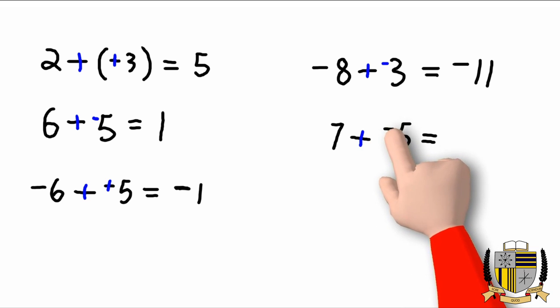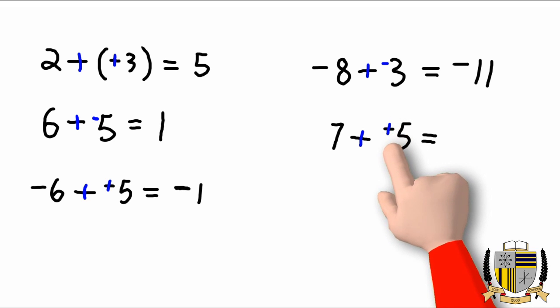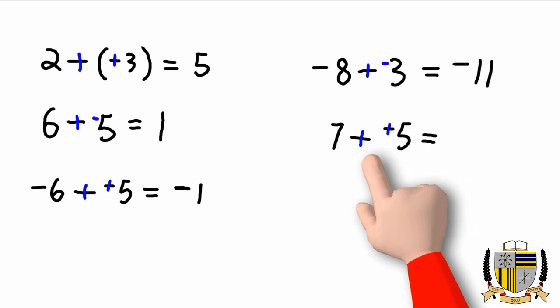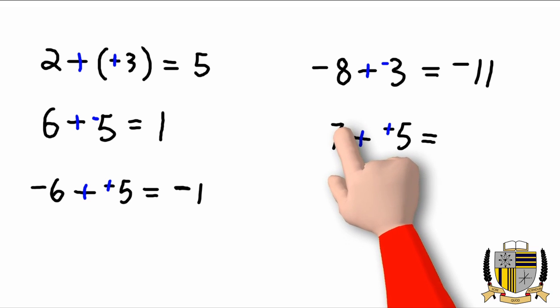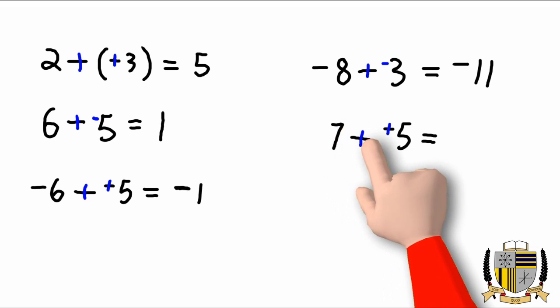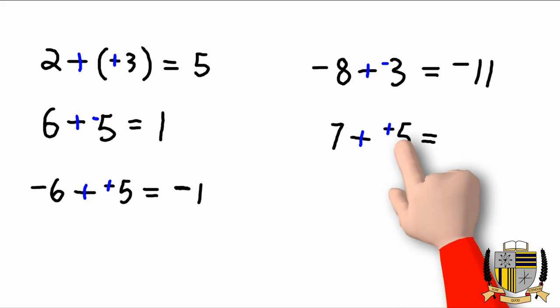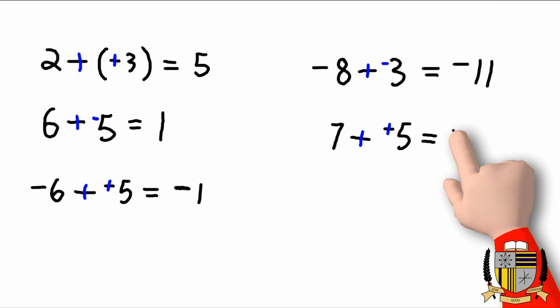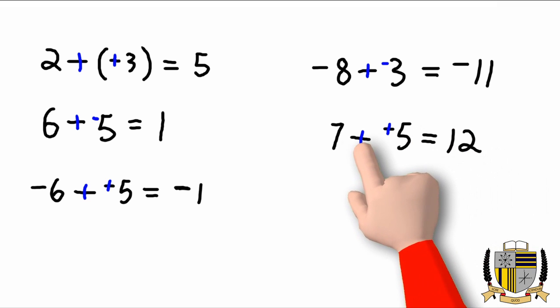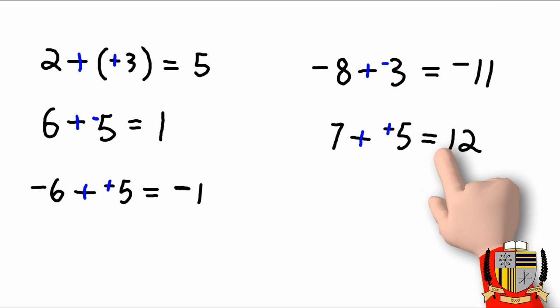And then this sign, we're going to turn into its opposite sign. And so now we have a positive 7 plus a positive 5. So this is going to equal just a straight up 12. It's 7 plus 5, which is 12.